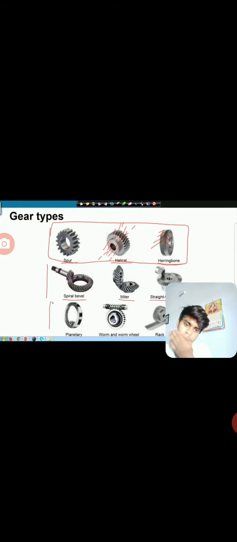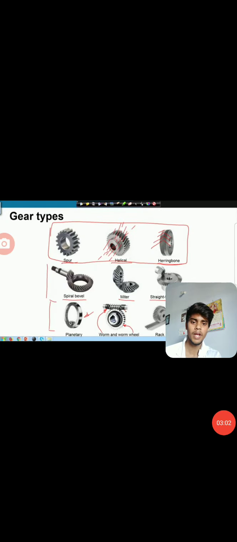And in the third row we have special kinds of gears like the planetary gear, the worm and worm wheel, and the rack and pinion. This is the worm and this is the worm wheel, and these are non-reversible.